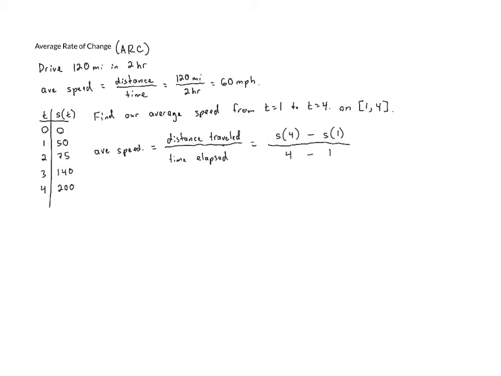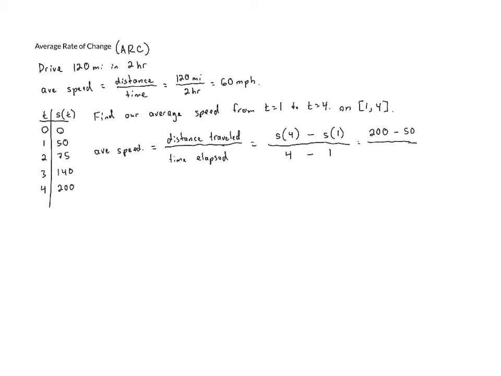Another way of thinking about this, the numerator here is the change in position, and the denominator is the change in time. And when we're looking at the change of something between two quantities, we've got to take the difference. Now, we can look at the positions. Our position at hour 4 was 200, minus our position at hour 1 was 50.